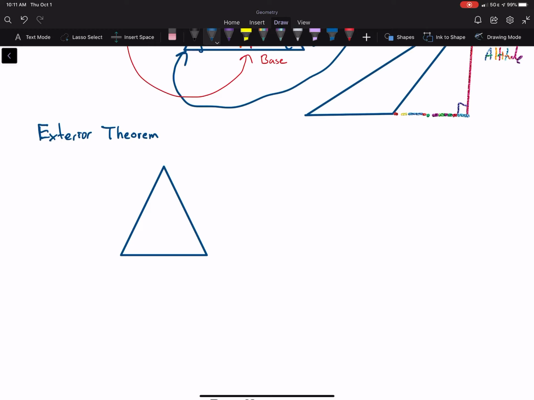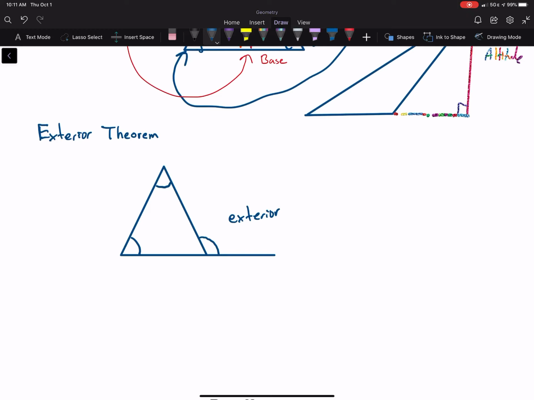If we take a line here and make the base of this one stick out further, like so, now we have some interesting things. We have an angle here on the outside, and this is called an exterior angle.